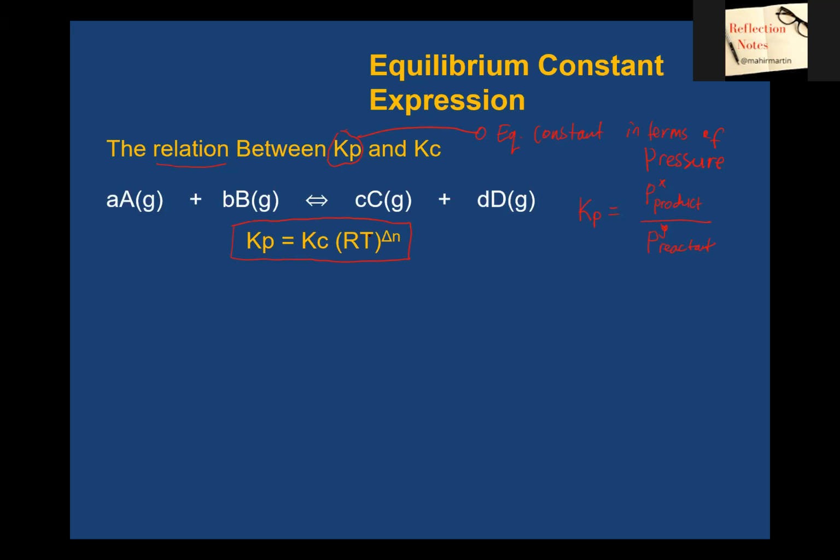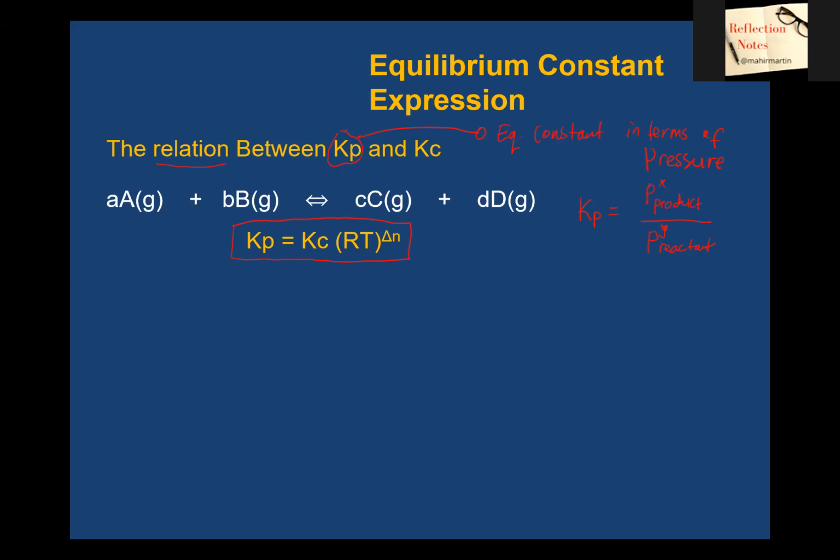I think you know what R is. R is the ideal gas constant, which is 0.082 liter atmosphere per Kelvin. And T is temperature. Temperature must be in Kelvin.